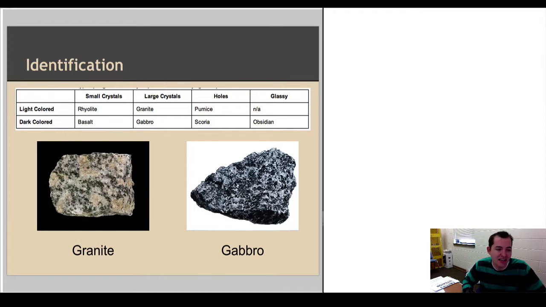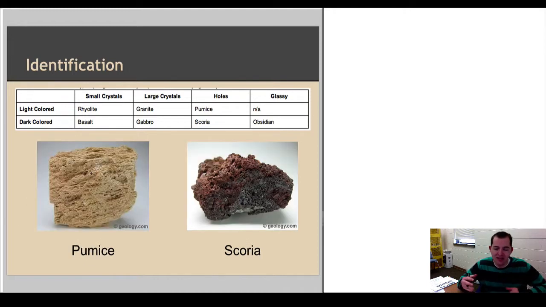Okay, another igneous rock that we often have, since we are dealing with lava in this case, sometimes gets holes in it. Those holes are when the lava is foamy, or extrusive, on the surface, and it has air bubbles in it. Two examples, a light colored one and a dark colored one, are pumice, where we can see those air holes, and scoria, which is often a rock that ends up in decorative gardens.